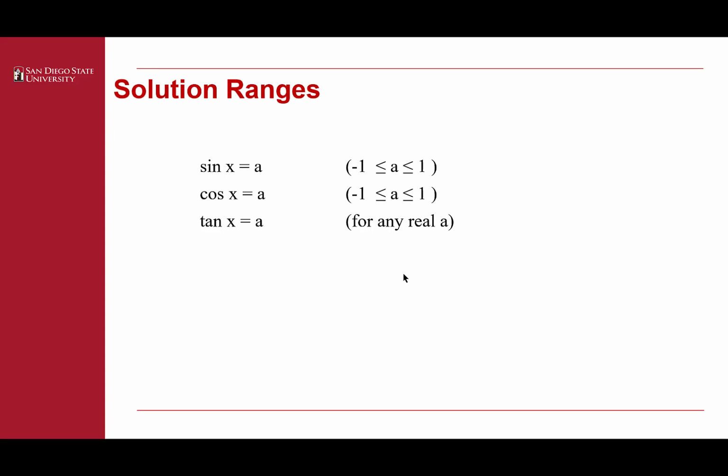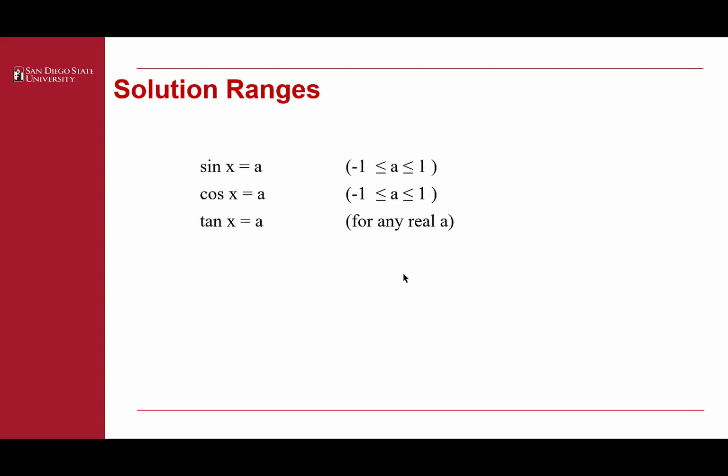Tangent x is quite different. Tangent x equals a can be any value, any real number for a. So there is no limitation, unlike sinus or cosinus. It will be similar for cotangent also. Ranges are important. Usually you can see the range in the question, but it may depend.